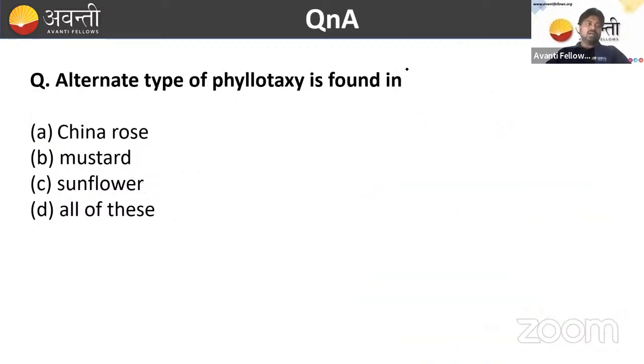The next question is: alternate type of phyllotaxy is found in. Where do we get to see alternate type of phyllotaxy? Option A is China rose, option B is mustard, option C is sunflower, and option D is all of these. Okay? So give me the answer.